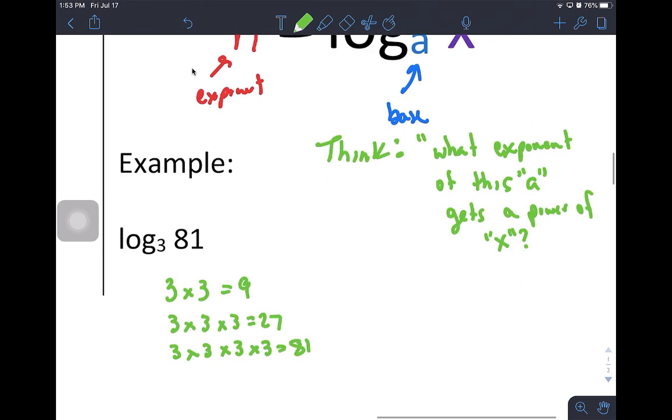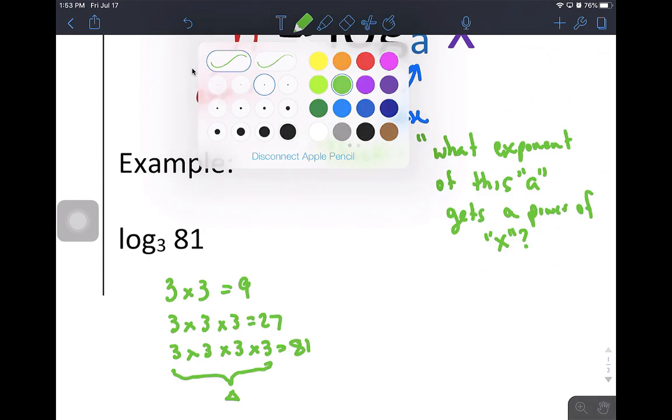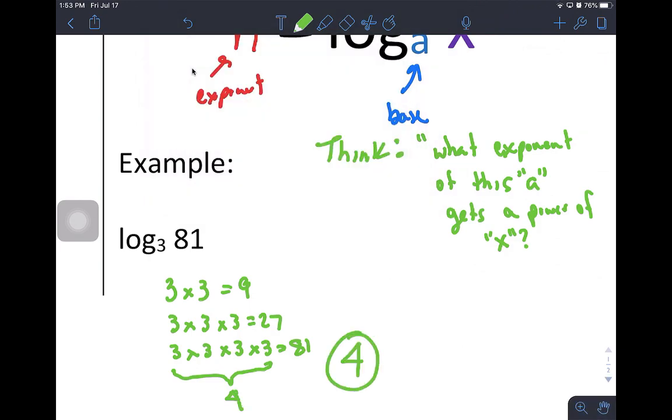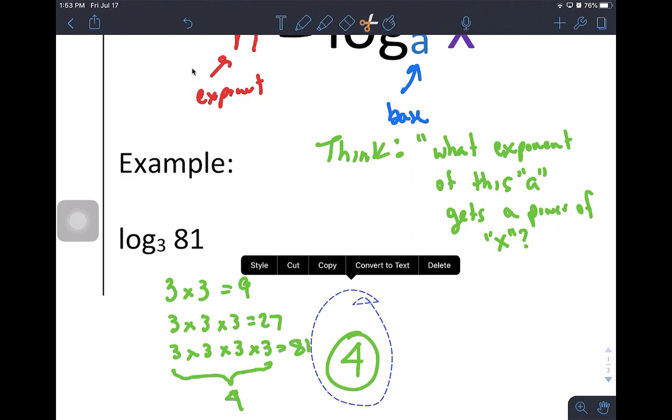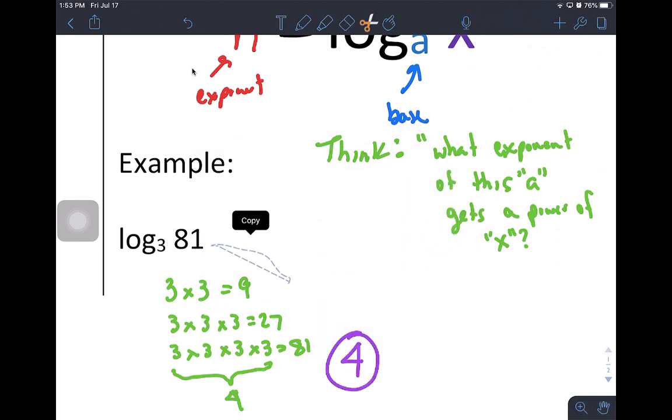So that means my exponent here is going to be 4. So the answer here is 4. That's our answer.